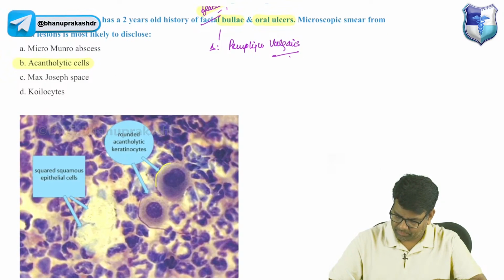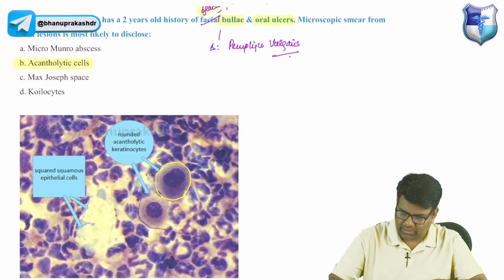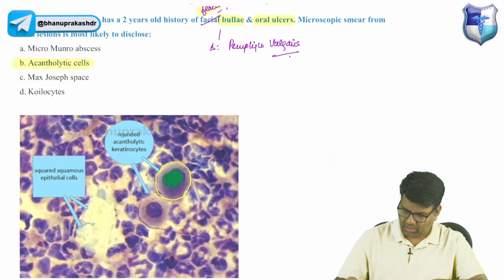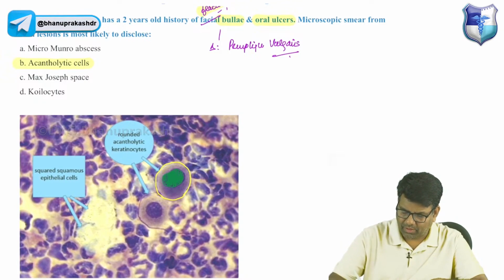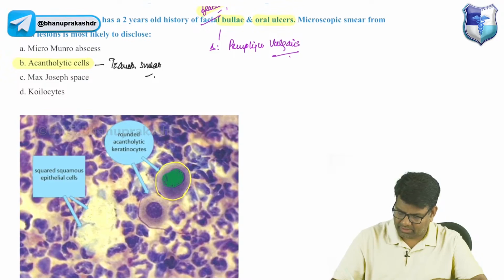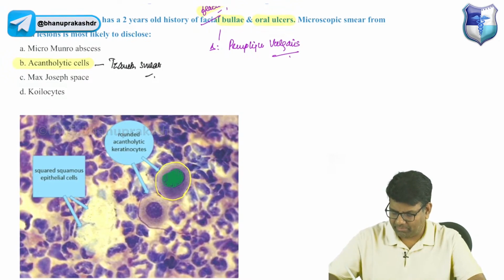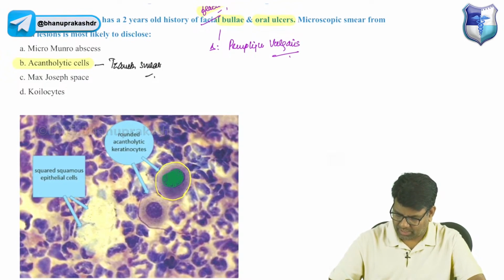So you will see a rounded cell, and you will see a large acantholytic cell. Okay, so these are actually the keratinocytes. Yes, Tzanck cells, on Tzanck smear. So the keratinocytes become swollen, they are rounded, and these are known as acantholytic cells.